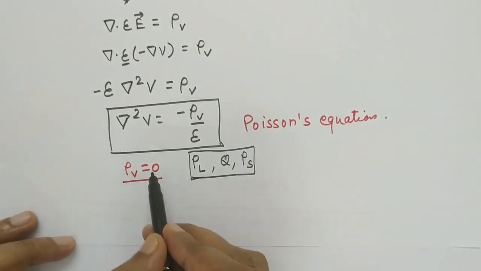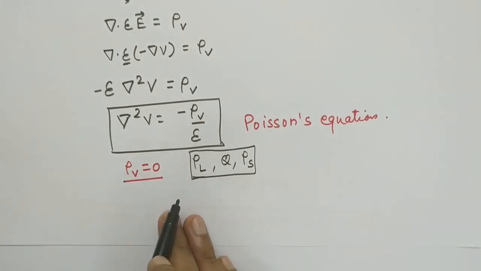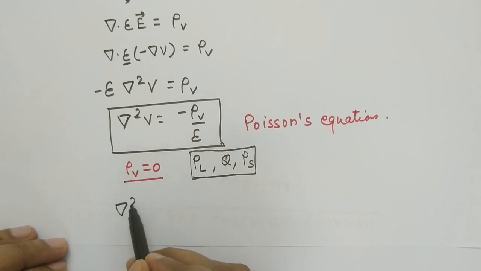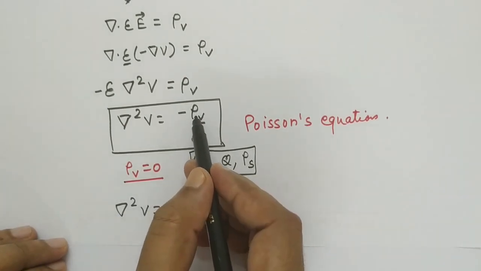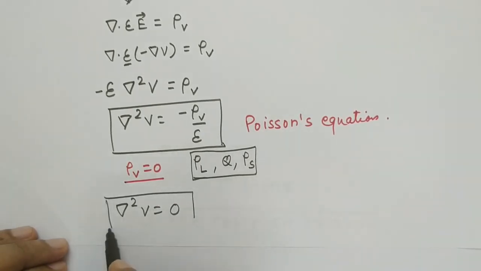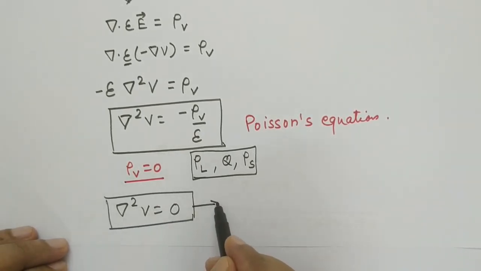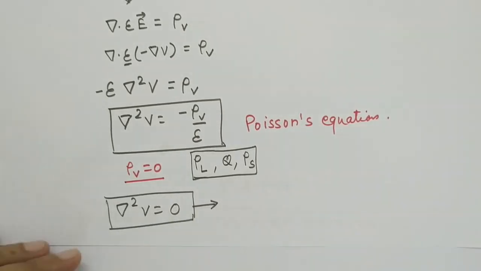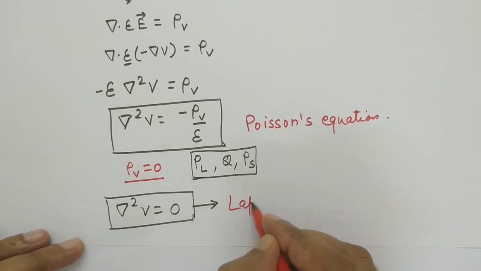So rho V equal to 0 if volume charge density is not present. In that case, this equation will convert to del square V equal to 0. So in that case, this equation is known as the Laplace equation.